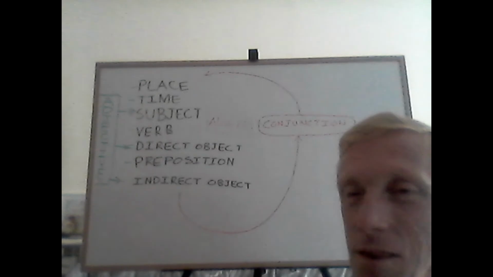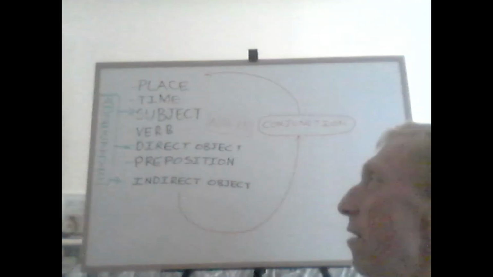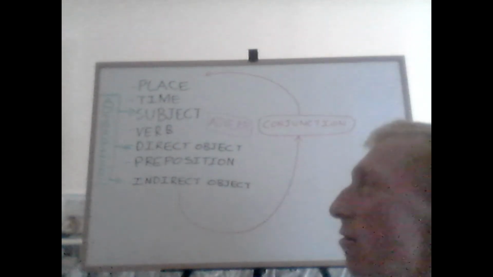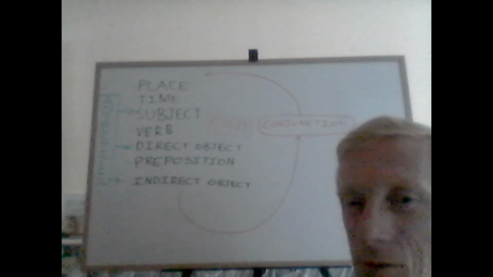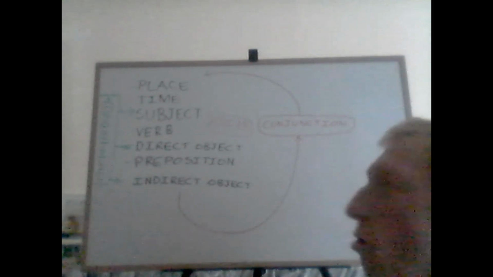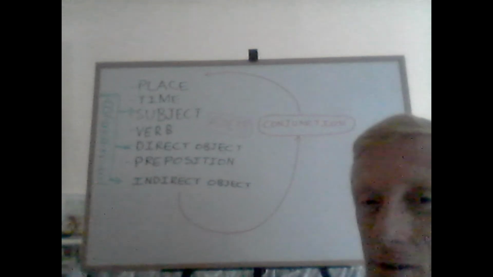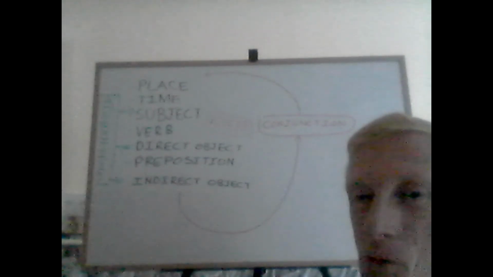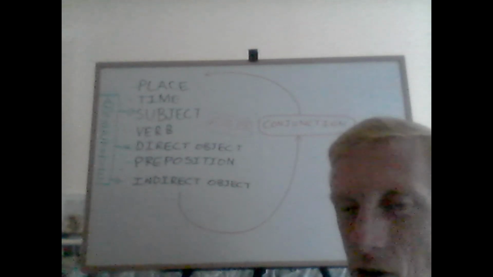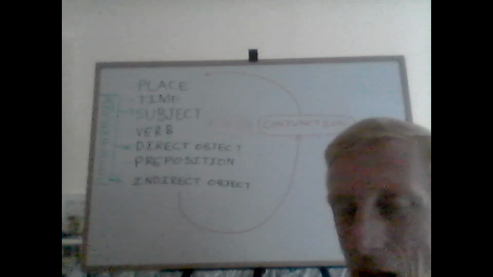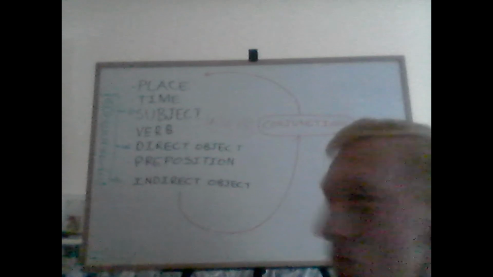The main point of the idea is subject, verb, and what we're calling now direct object. So who or what does the action, what is the action, and who or what had the action done.